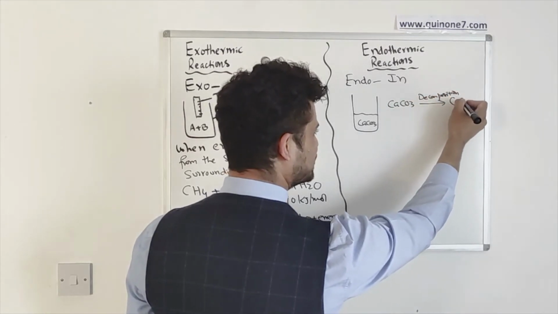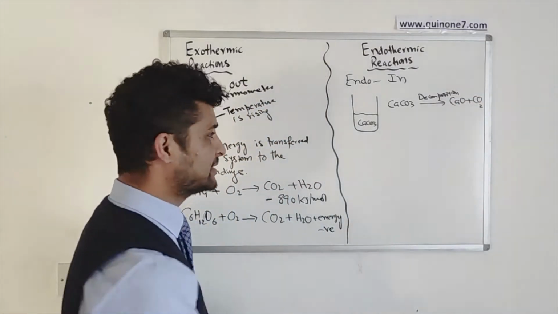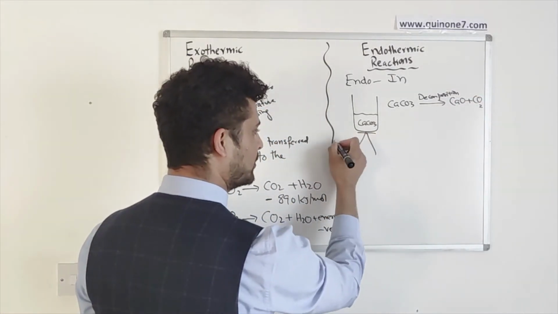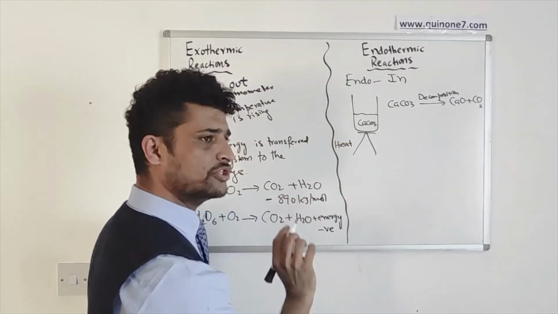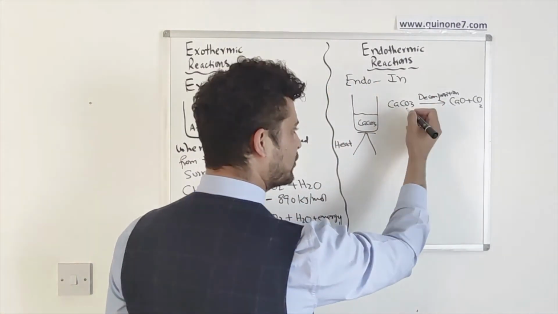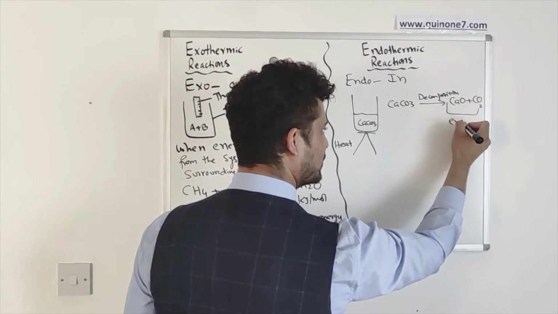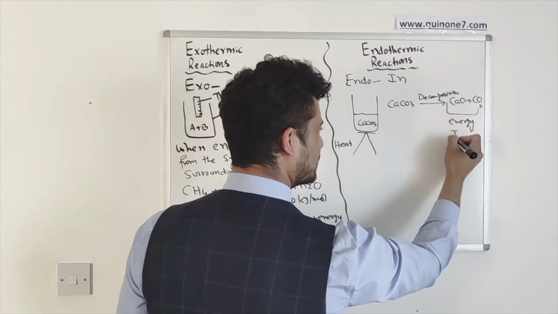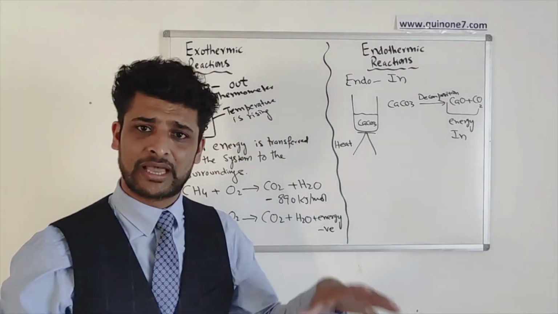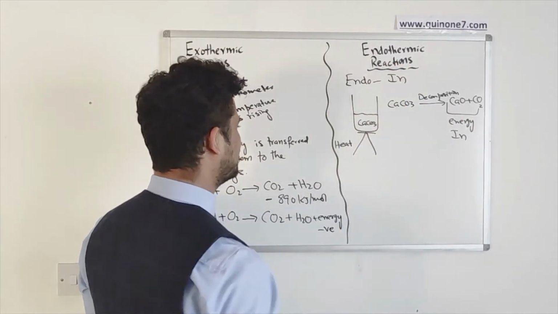It will produce calcium oxide and carbon dioxide. In this case, you have to heat it up. If you heat it up, the energy is going into the system, and the overall products absorb that energy. So the energy has gone into the system, and that type of reaction is called an endothermic reaction.